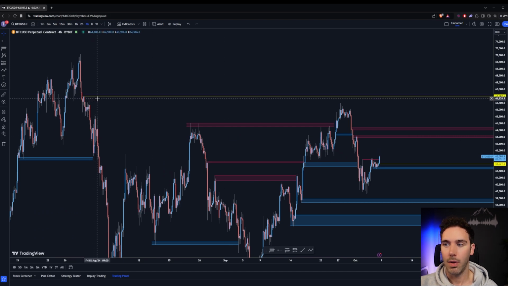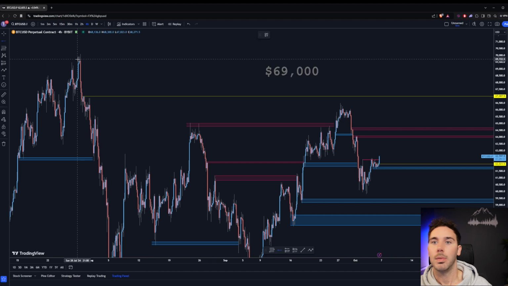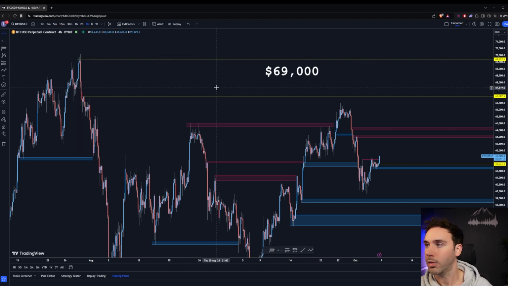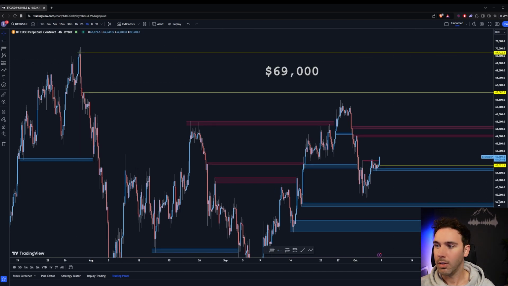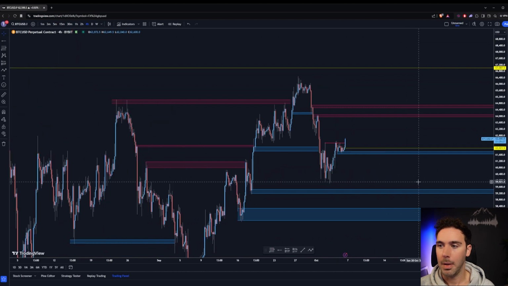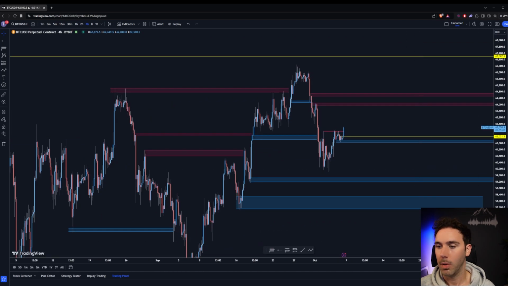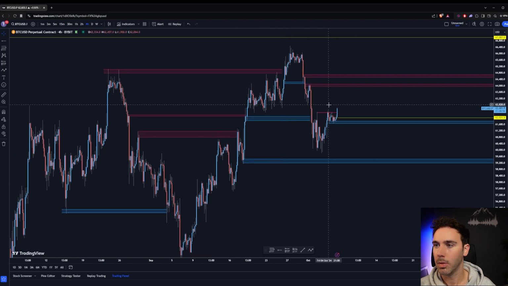So this would be my first target, and then my second target would be this high here at 69K. So really these are the levels that I'm interested in mostly. Okay, we don't have to talk about much lower than that, and then we can just clean things up a little bit. We don't need this, for example.